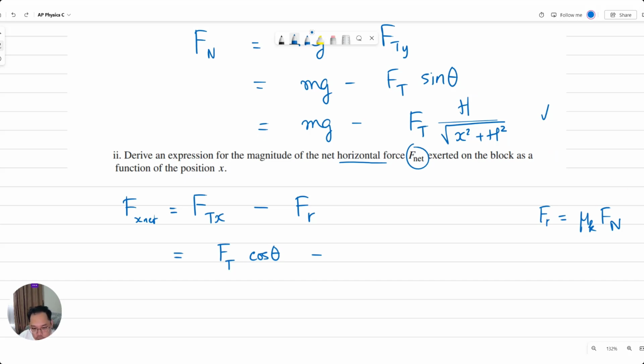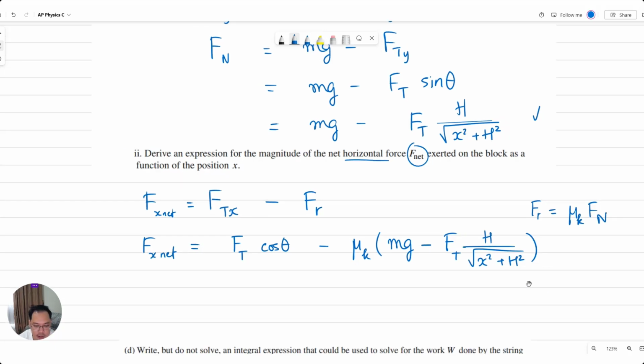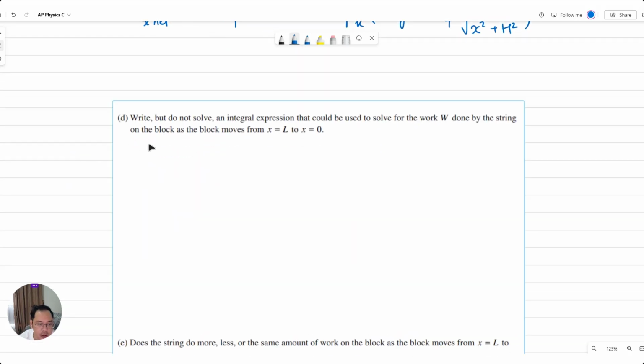So the frictional force is the coefficient of friction mu k multiplied by the normal force, which is mg minus tension multiplied by the height divided by the square root of x squared plus h squared. So this is the expression for the horizontal net force. This is the answer.